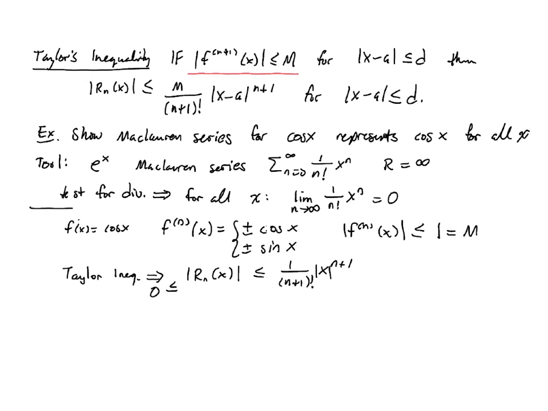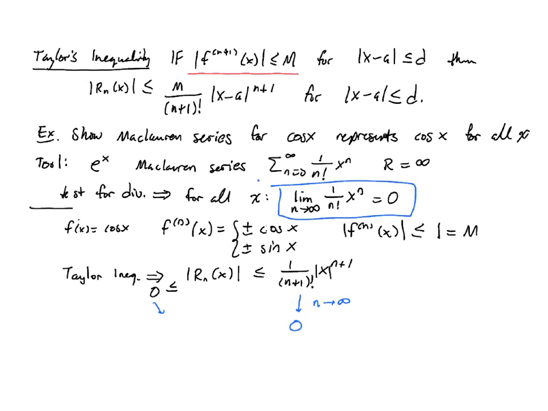And the tool that I wrote out up above tells me that down below, when n goes to infinity, the limit of this right-hand piece is 0.